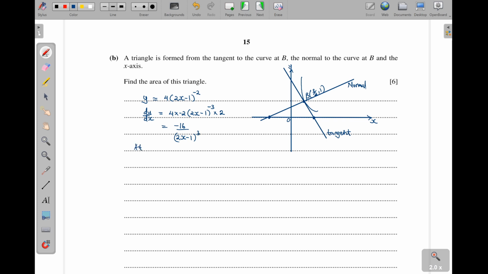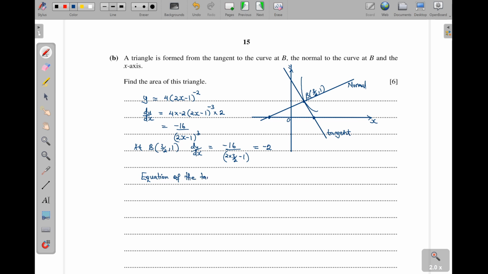So at B, which is 3 over 2, 1, what is dy/dx? So dy/dx is going to be negative 16 over 2 times 3 over 2 minus 1, which will be 3 minus 1, that will be 2. 2 cubed is 8. Then negative 16 over 8 will give us negative 2. Okay, so from here, then we can find the equation of the tangent.